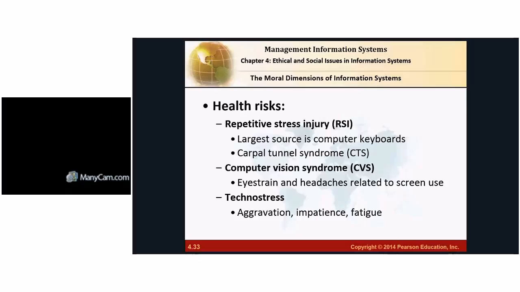Then techno stress: aggravation, impatience, and fatigue. So those are the health risks of information systems. Logically, we have covered the basic ideas of social and ethical issues in information systems.